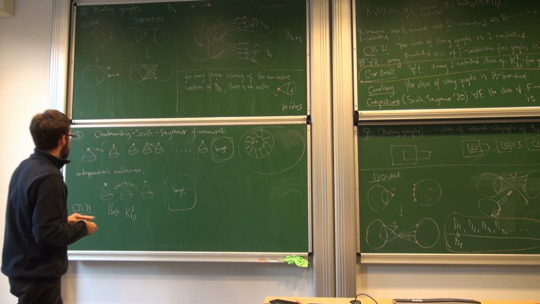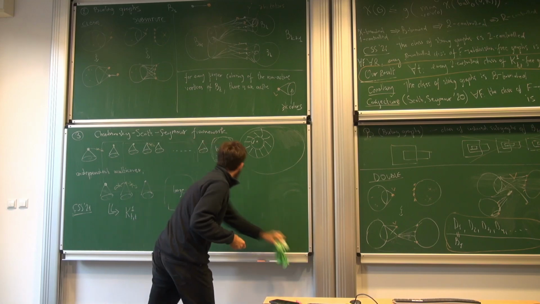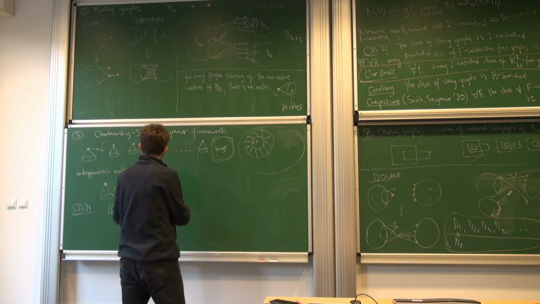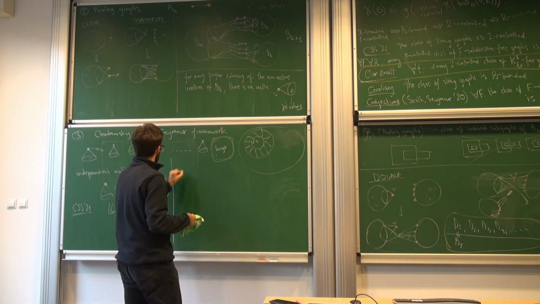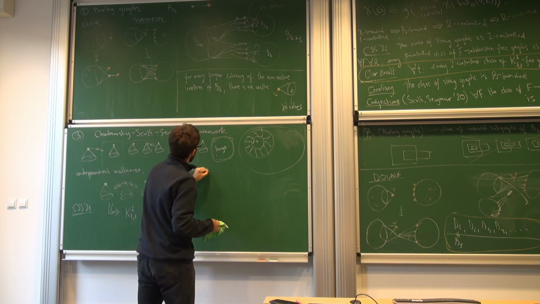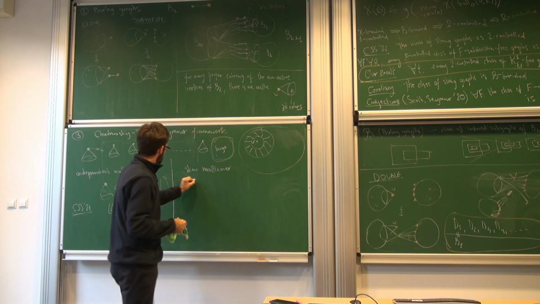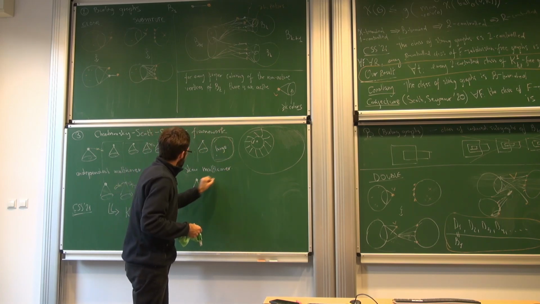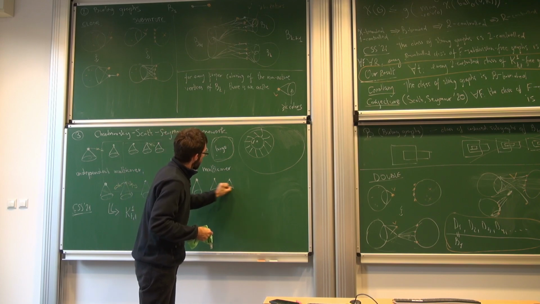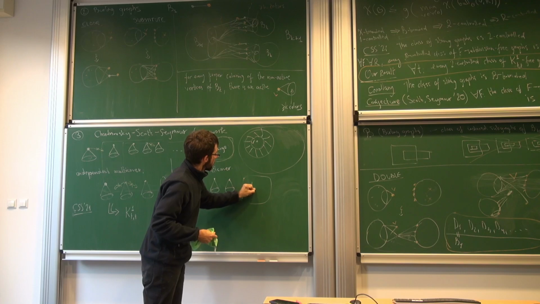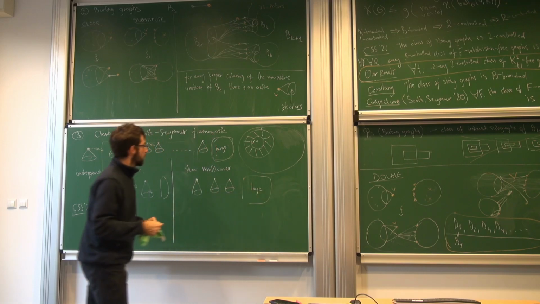Then there is this other term, skew multi-cover, which is in some sense the other extreme. Again, we have something like that.